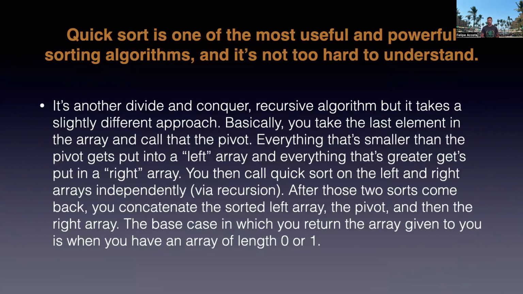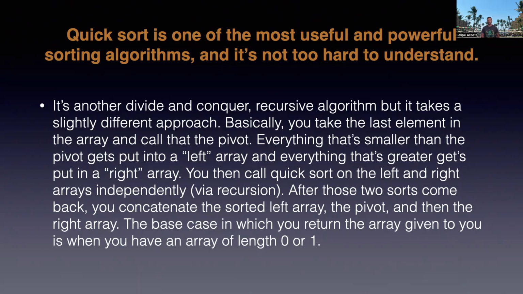Quicksort is one of the most useful and powerful sorting algorithms, and it is not too hard to understand. It's another divide and conquer recursive algorithm, but it takes a slightly different approach. Basically, you take the last element of the array and call that the pivot. Everything that's smaller than the pivot gets put into the left array. Everything that's greater than the pivot gets put into the right array.